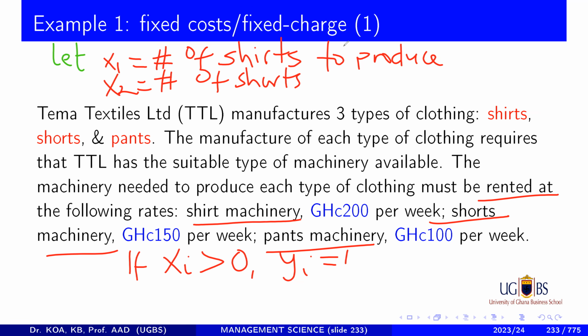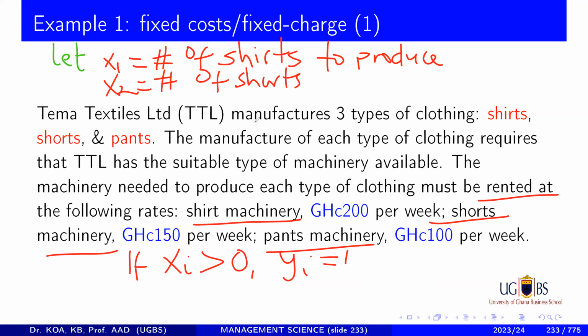So Yi here refers to the type of machinery. Remember that i can be 1, 2, or 3. The fact that Y is equal to 1 means that you must have actually incurred the cost of that particular machinery, that particular clothing type, before. So if only I am producing, that's an Xi greater than 0, then Yi must have been incurred.